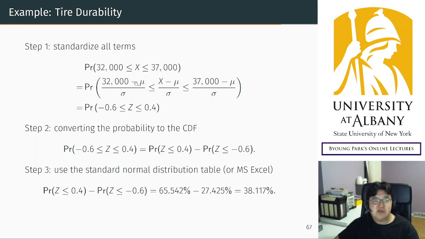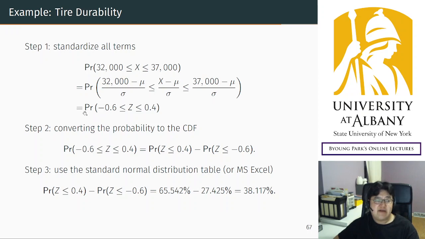So subtract the mean, divide by standard deviation on the left term, on the right term. And then the left term becomes minus 0.6 and the right term becomes plus 0.4. So because there is no difficulties at all, because you know mu is 35,000 and sigma is 5,000.